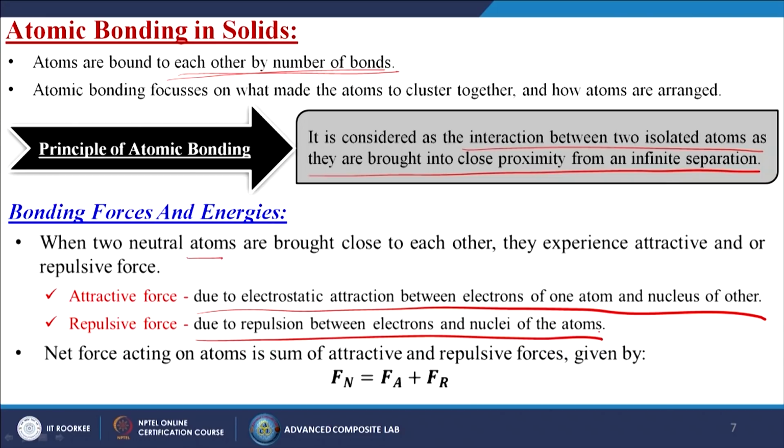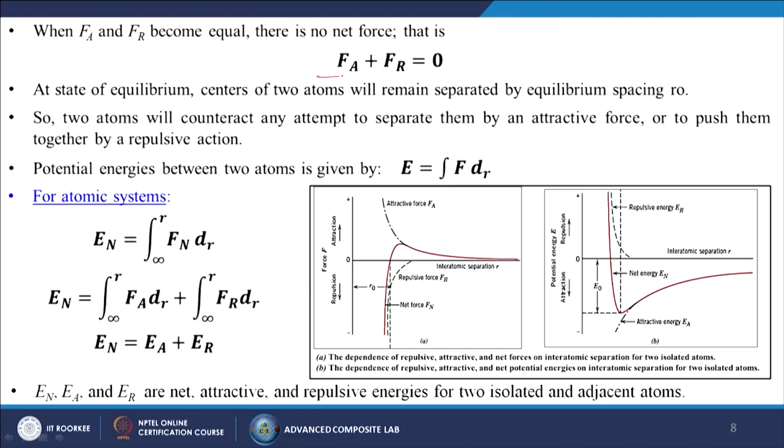So, net force acting on an atom is the sum of the attractive and repulsive forces, which is given by F net is equal to F attraction plus F repulsion. When Fa and Fr become equal, there is no net force, that is Fa plus Fr is equal to 0.